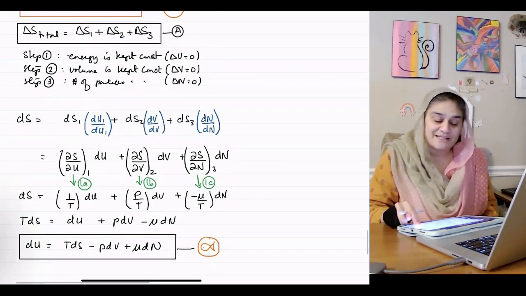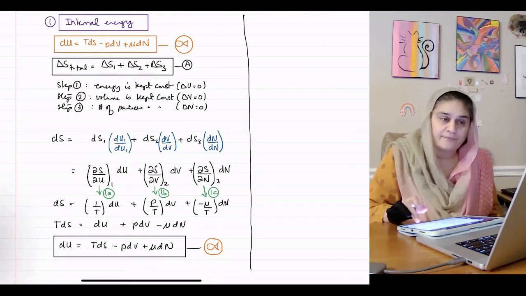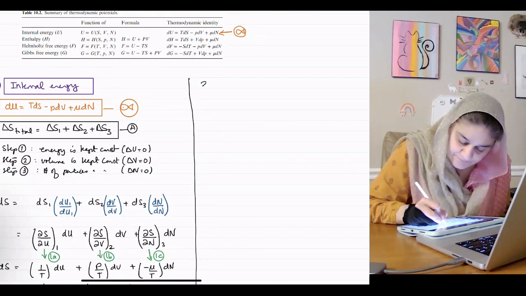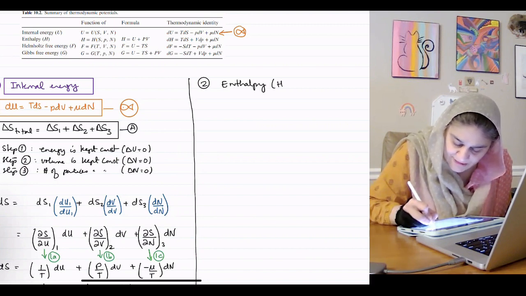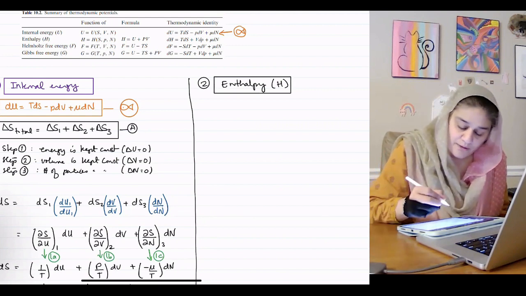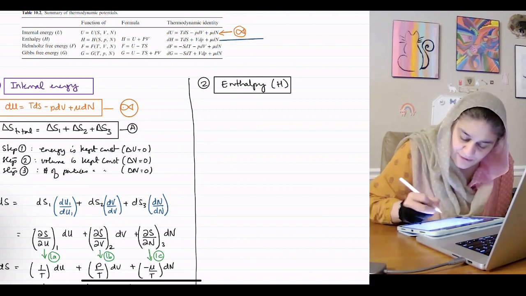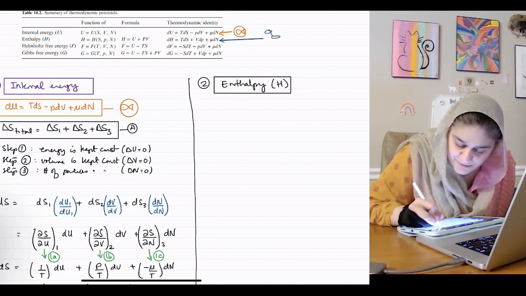Now I can do the same thing, this time for enthalpy. So number 2. Enthalpy is H. And I am looking for that equation, which I'm going to call my giraffe equation.